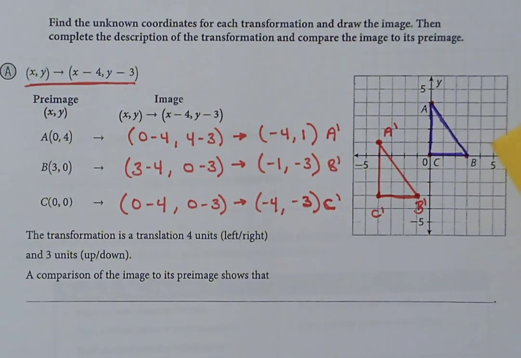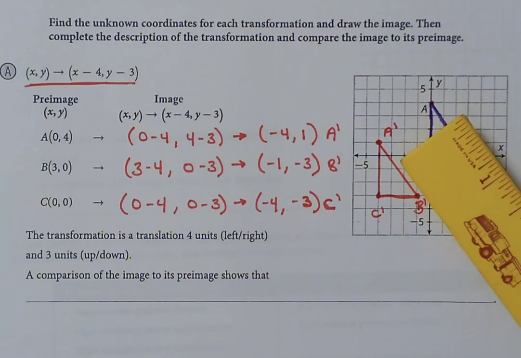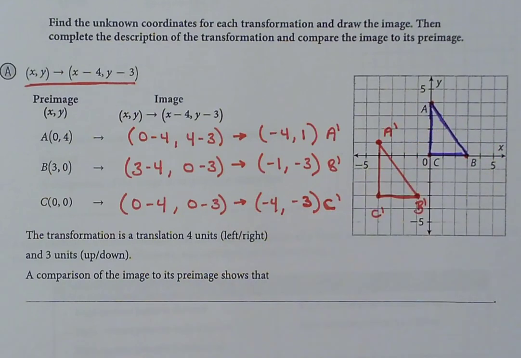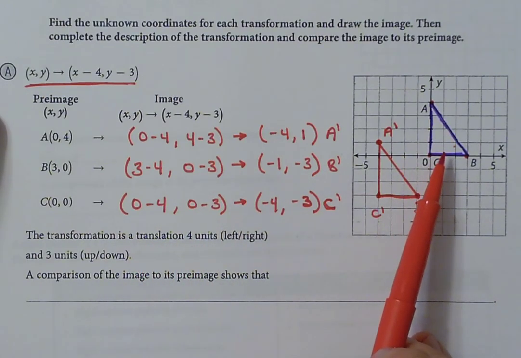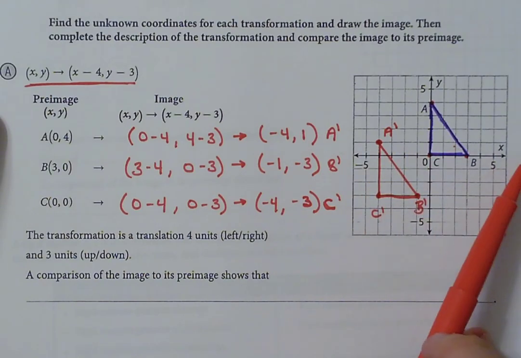So triangle ABC was transformed to triangle A prime, B prime, C prime. We have translated this triangle over here. Now, the transformation, and this is just a brief introduction, is a translation, and we'll talk about that in Module 2, of 4 units. Did it move to the left or to the right?